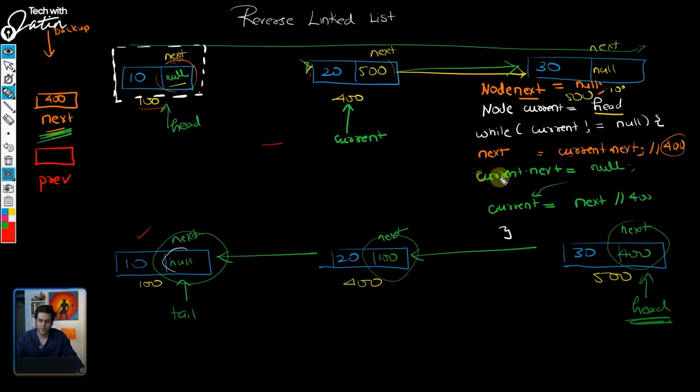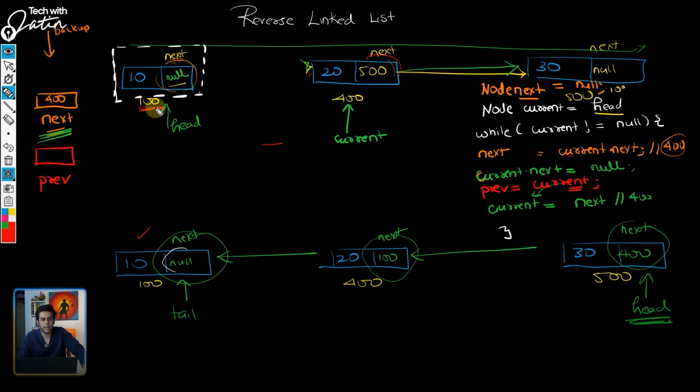All right. So current dot next equal to null. And here I will just say previous equal to current. But current dot next, we have to put previous.